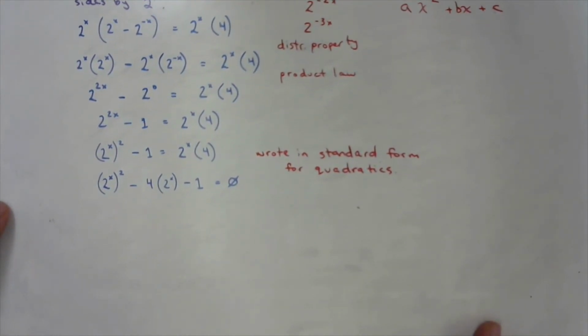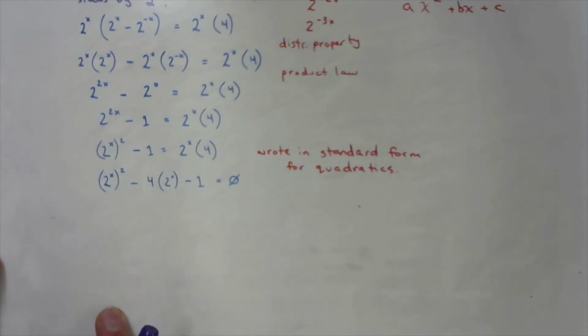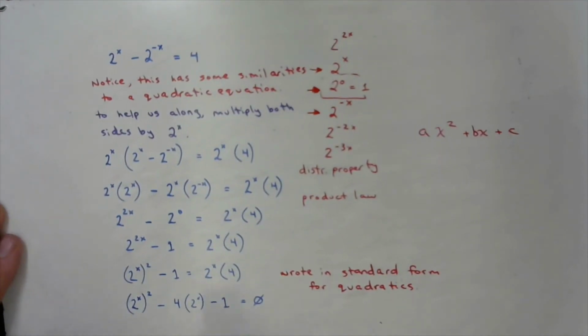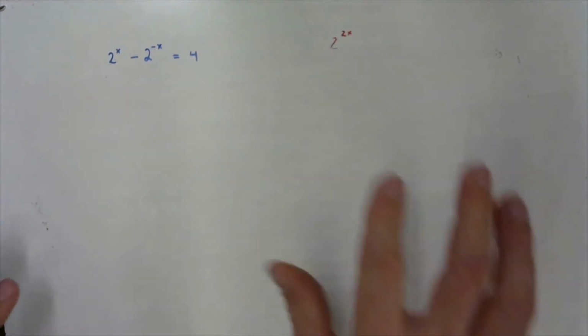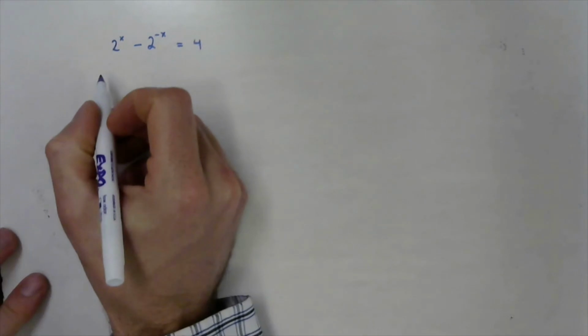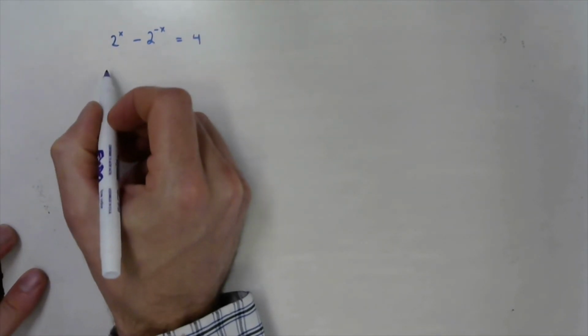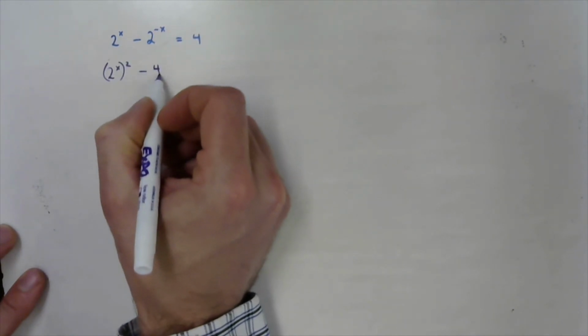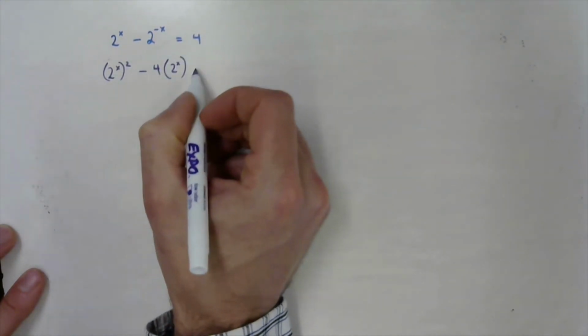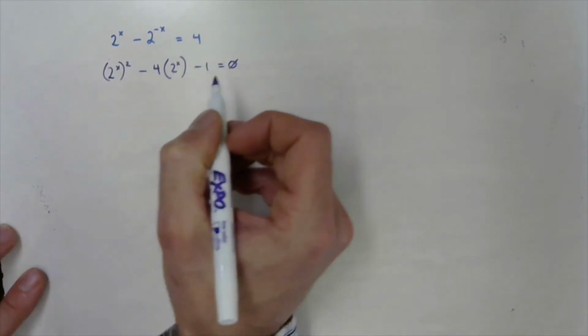I'm going to scroll up. I don't think I'll be able to fit it in my space, so I'm actually going to erase what I have so far. Okay, after working with it so far, we have 2 to the power of x squared minus 4 times 2 to the power of x minus 1 equals 0.